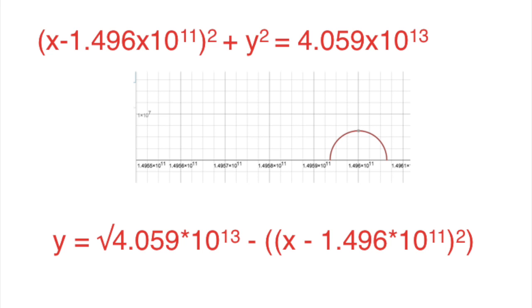The graph of x minus 1.496 times 10 to the 11th, squared, plus y squared equals 4.059 times 10 to the 13th, rewritten as y equals the square root of 4.059 times 10 to the 13th minus x minus 1.496 times 10 to the 11th, squared, can be used to represent the top half of the Earth with the Sun at 0, 0. The volume of this semicircle as it rotates around the Sun can be represented by nested cylinders.